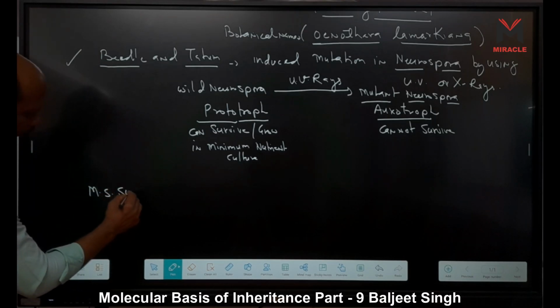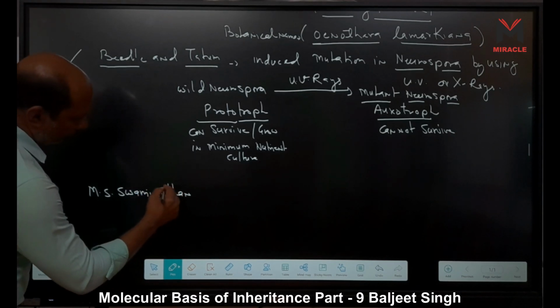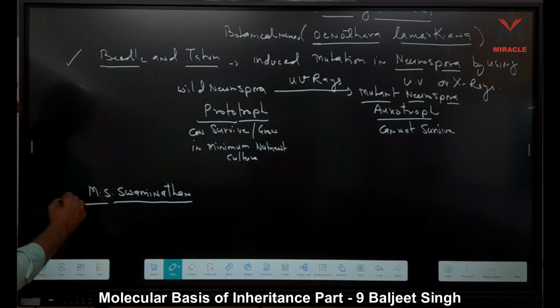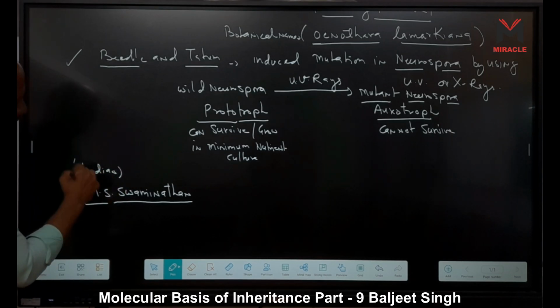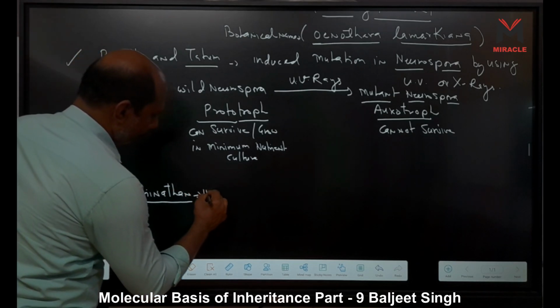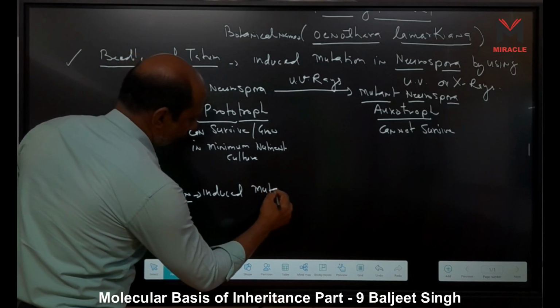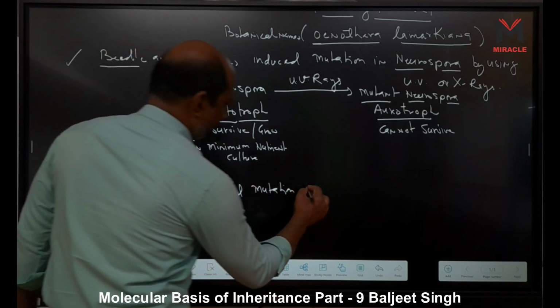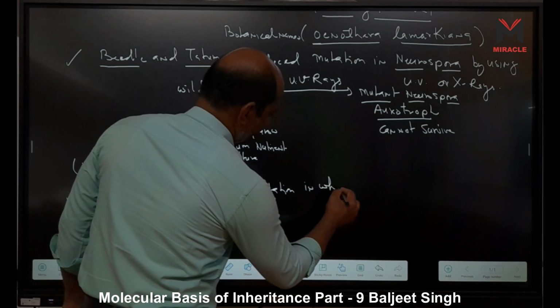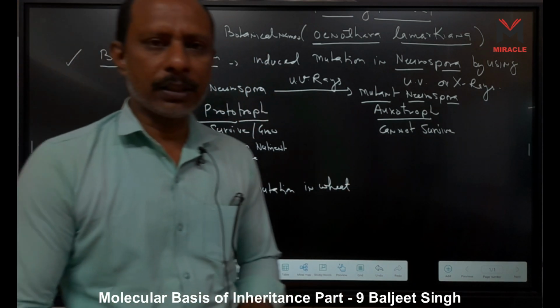In India, M.S. Swaminathan induced mutation in wheat, and wheat, you know, its scientific name is Triticum aestivum, right?